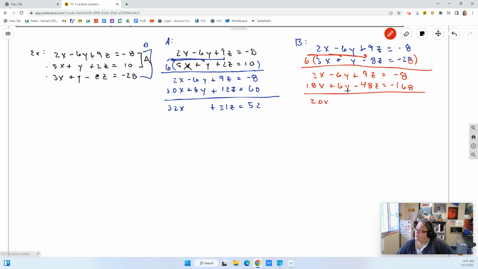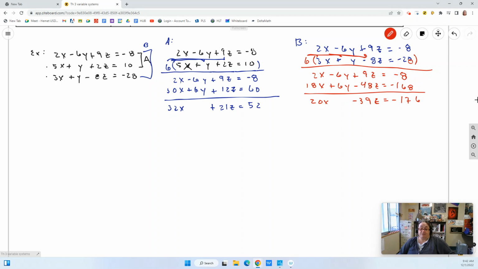My y's, minus 6y plus 6y, is just 0, so we've eliminated y as a variable. 9z minus 48z, well, that's negative 39z equals minus 8 minus 168, which means I could just add those two together and give them a negative sign. I know it's going to be negative 176.